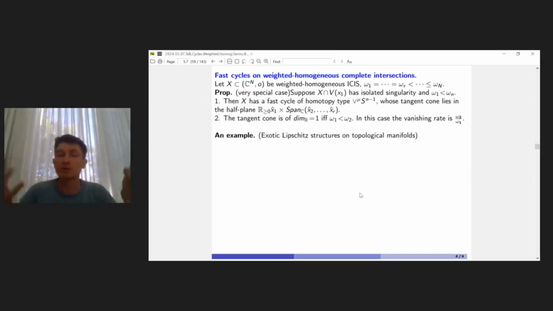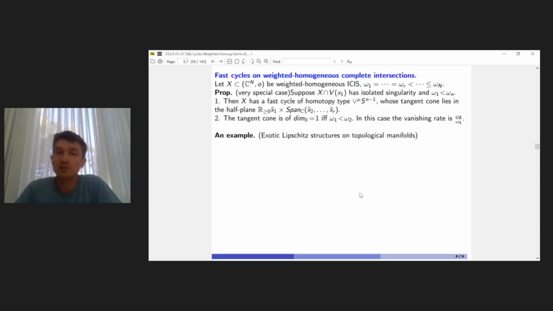You cannot make any homotopy to make it essentially smaller. And the tangent cone lies inside this half plane. The tangent cone is a subanalytic germ. Of course, we would like to have better estimations, better bounds, but currently this is what we have.